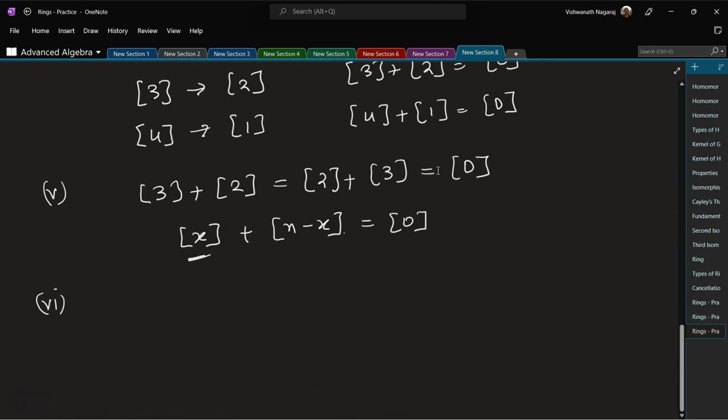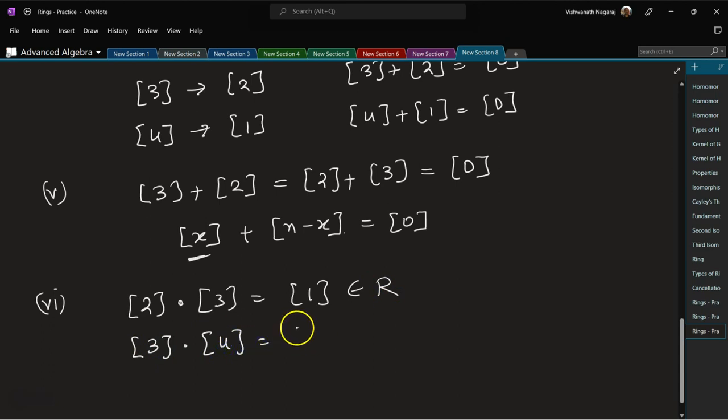Closed under multiplication. So again, let's take some examples, because it is a very small set, we can actually do it. 3 times 2 is 6, 6 mod 5 is 1, which belongs to R. Similarly, 3 times 4 is 12, 12 mod 5 is 2, which belongs to R. 1 times 4 is 4.